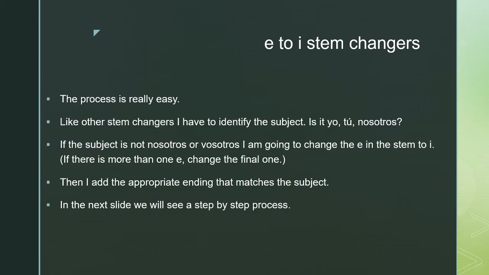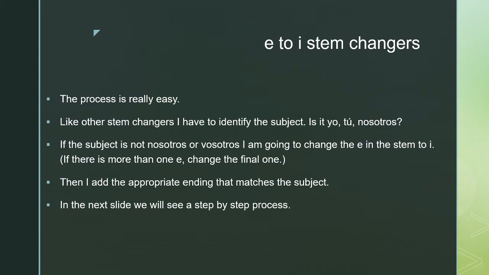The process is really easy. Like all of the other stem changers, you identify who the subject is. If the subject is yo, tú, nosotros, or whoever it's going to be, that sets up how we work with this.